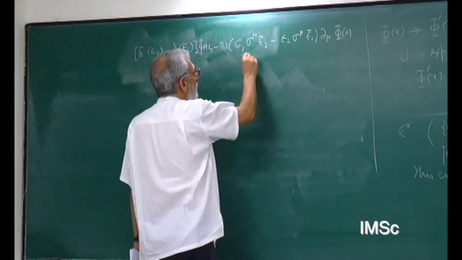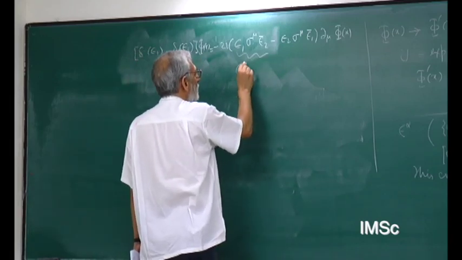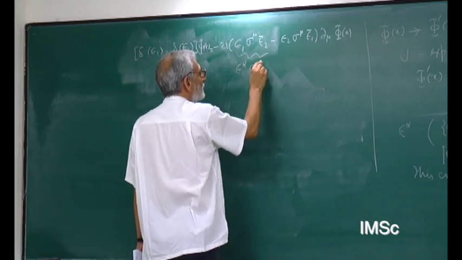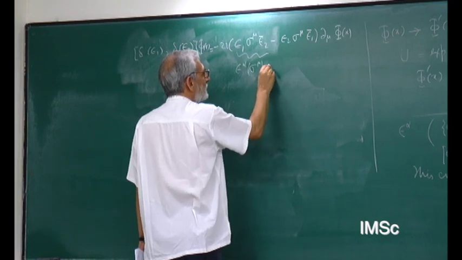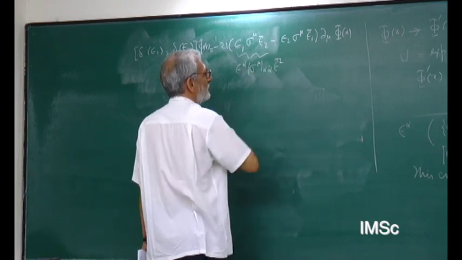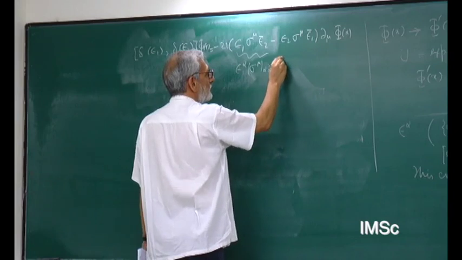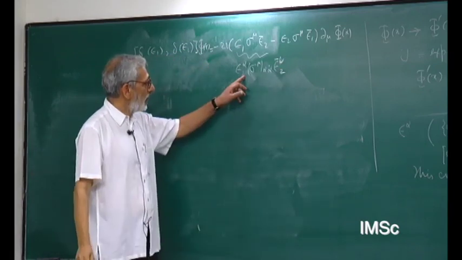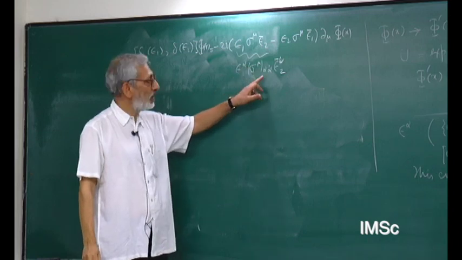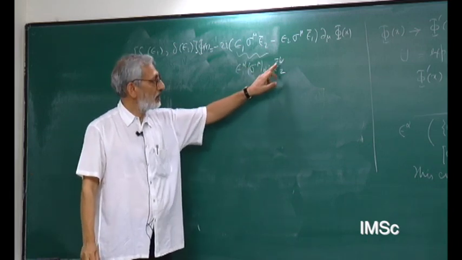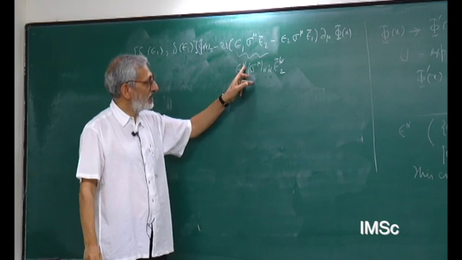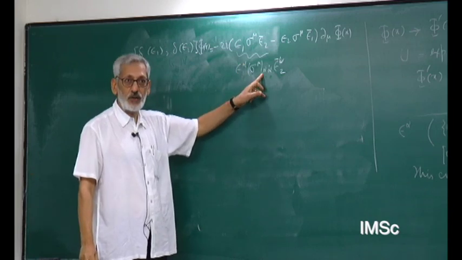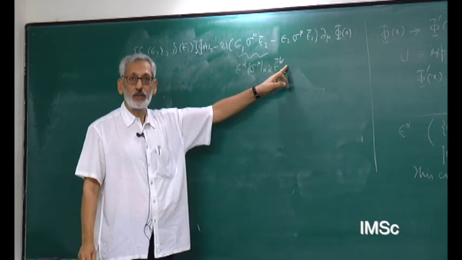Now this is again shorthand notation for epsilon 1 alpha sigma mu alpha alpha dot. So in the shorthand notation, whenever we contract up and down for undotted ones, down and up for dotted ones.